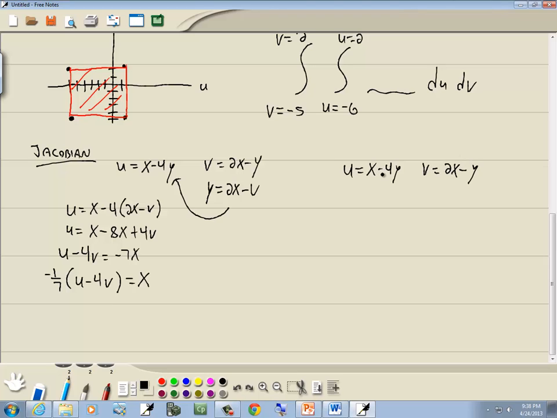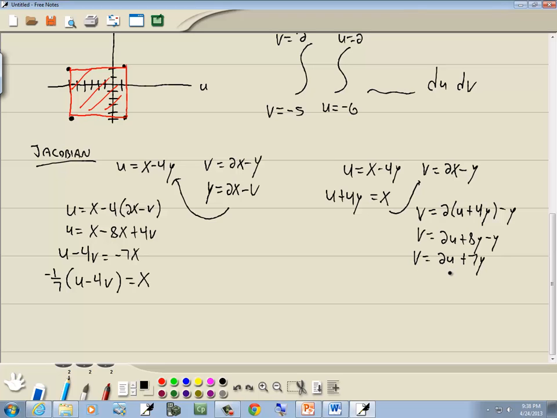If I solve this for x, I take the negative 4y over, so we got u plus 4y equals x, and now we're going to plug that into our other one. So we got v is equal to 2 times x, so 2 times (u plus 4y) minus y. So 2 times u is 2u, 2 times 4y is 8y, minus y. So we got v is equal to 2u plus 7y.